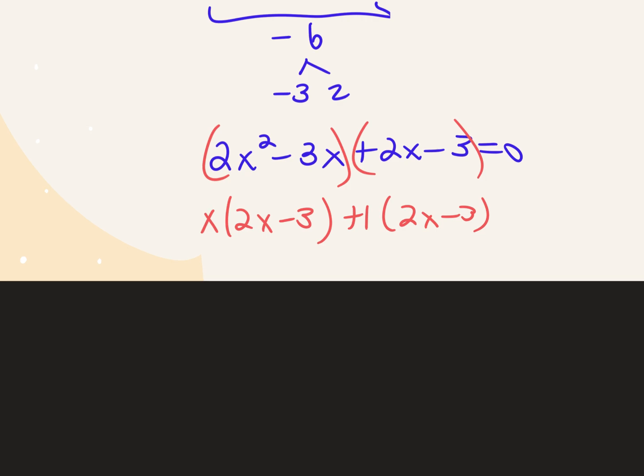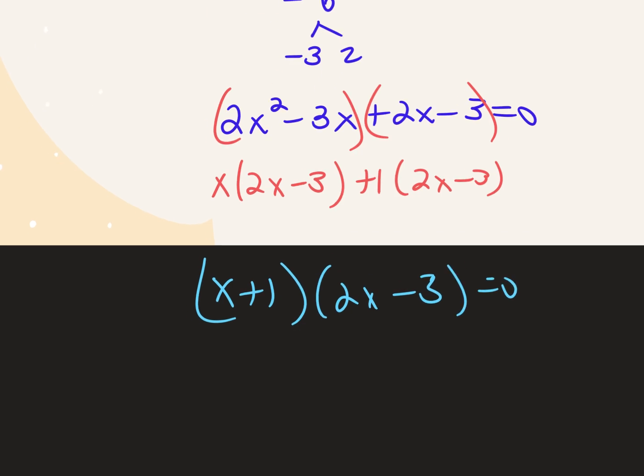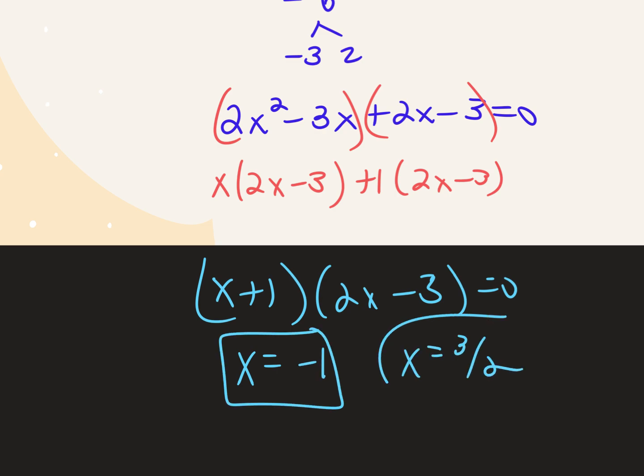So I have x plus 1 and 2x minus 3 equals 0. What are my 2 x values? -1 and x equals 3 over 2. So at x equals -1 and at x equals 3 over 2, if I plug those into each equation, f of x equals g of x.